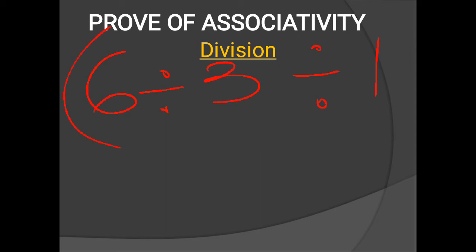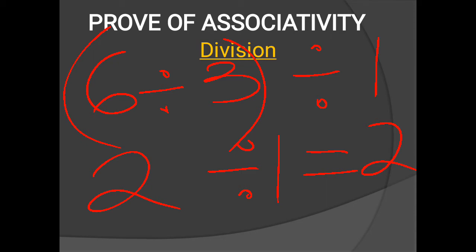That was 6 divided by 3 divided by 1. So let's group the first two. 6 divided by 3 is going to be 2, because 3 into 6 is 2. 2 divided by 1 will be 2. So grouping the first two, we had 2.